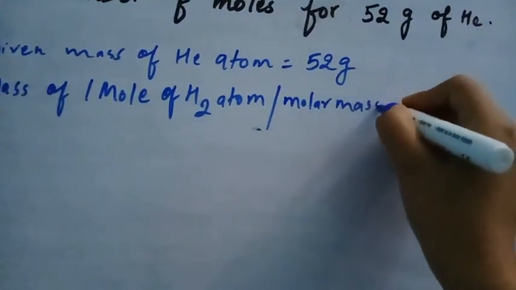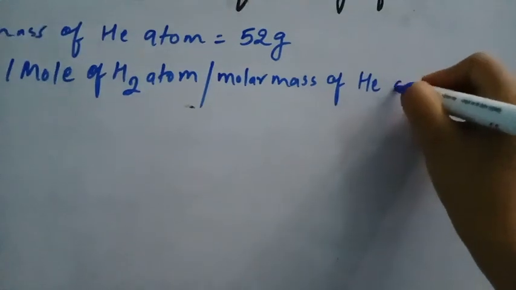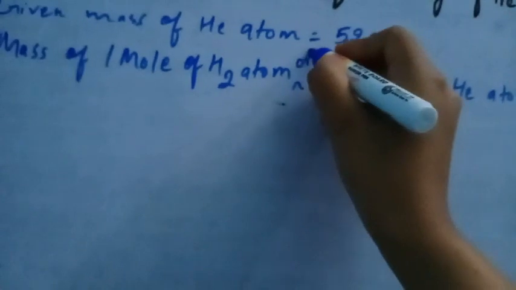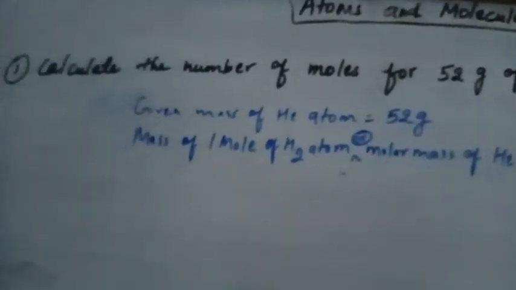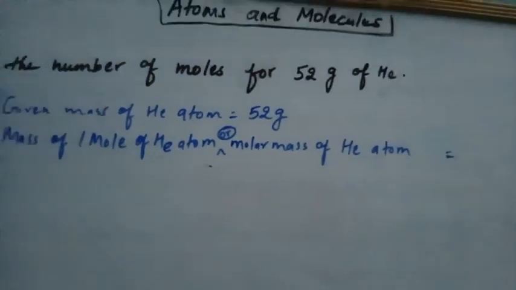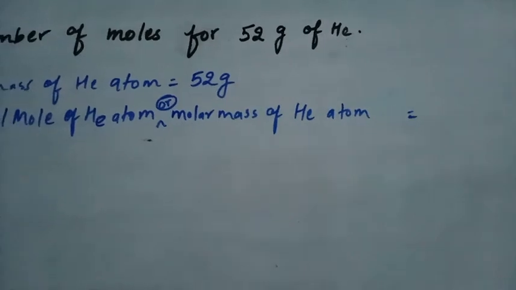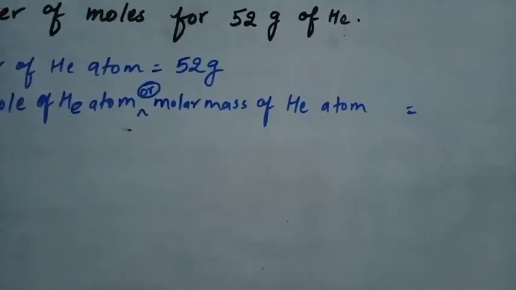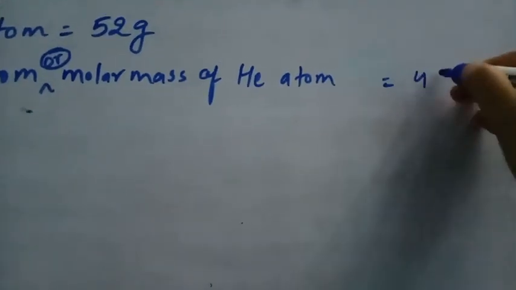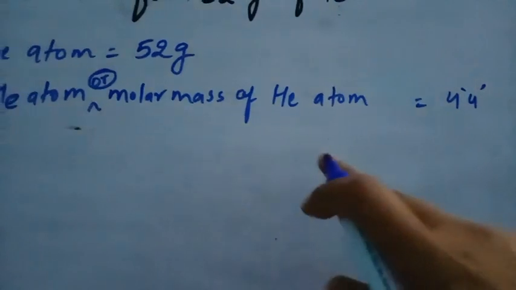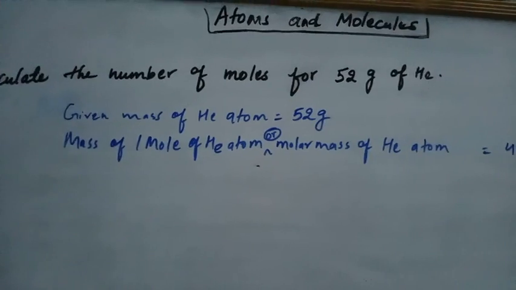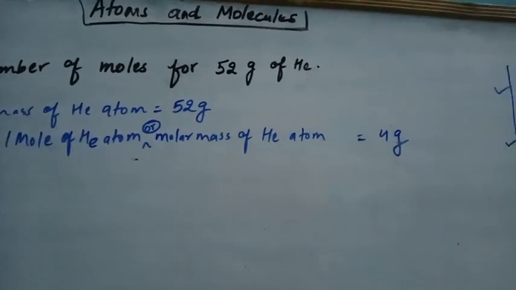So the molar mass of helium atom is equal to how much? How will we get to know? The atomic mass of helium atom is 4 u. So let's replace it by gram. We have got the mass of 1 mole of helium atom, or molar mass of helium atom, as 4 gram.